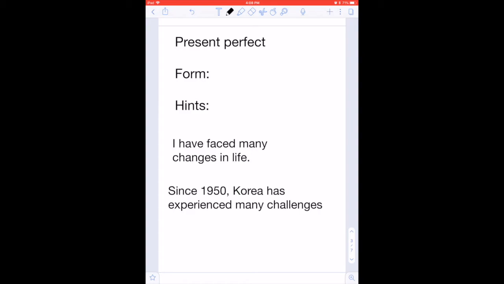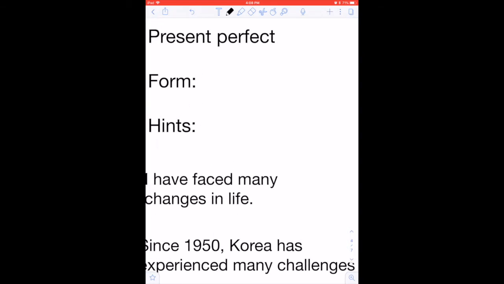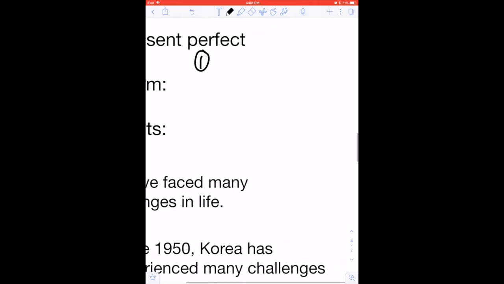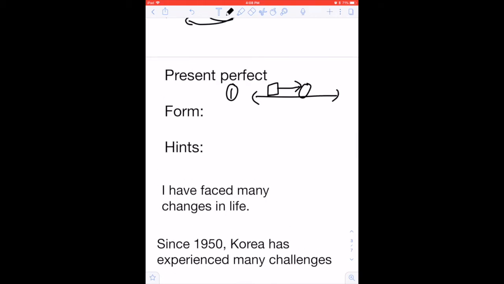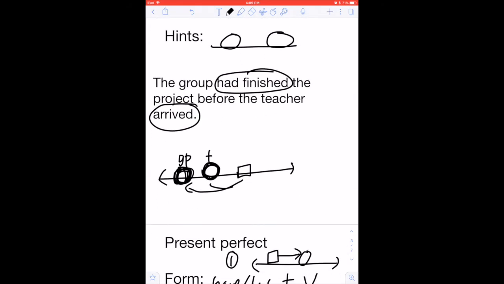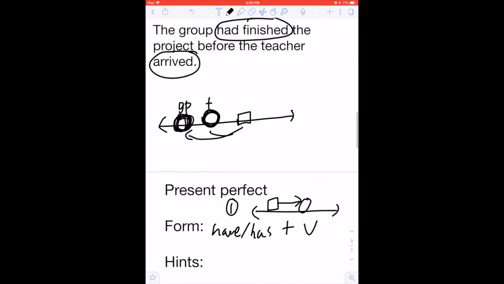So there's a lot of information right now, but you should just think that first, you're saying right now and saying, oh, something happened in the past, but it is still continuing until now. So it is in the form of have or has plus verb. So like with this case, have finished or has finished.